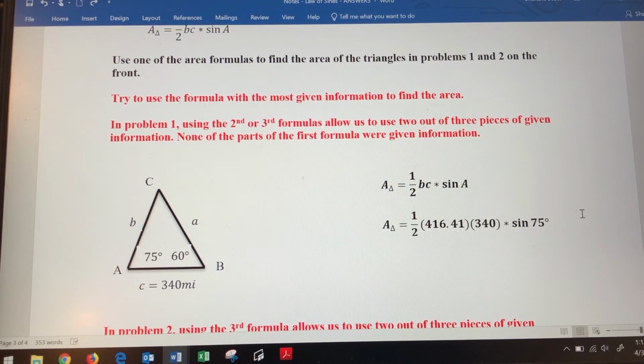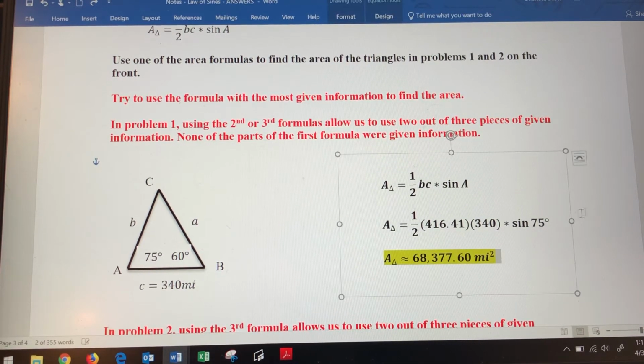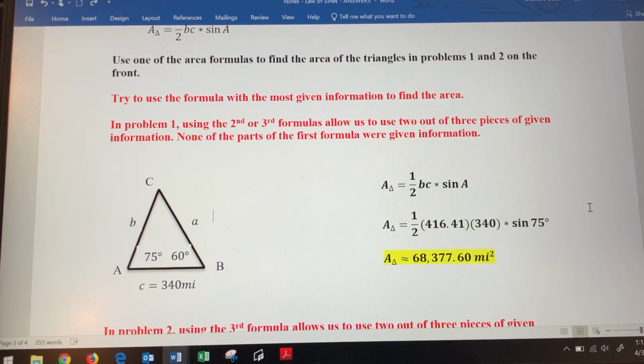Okay, we're going to do all the math here. Order of operations, you're just multiplying it. This is associative property. Doesn't matter which order you multiply these four values in. Either way, you're going to get 68,377.60 miles squared, approximately. Okay, and that's how you find area, in this case, of that triangle.